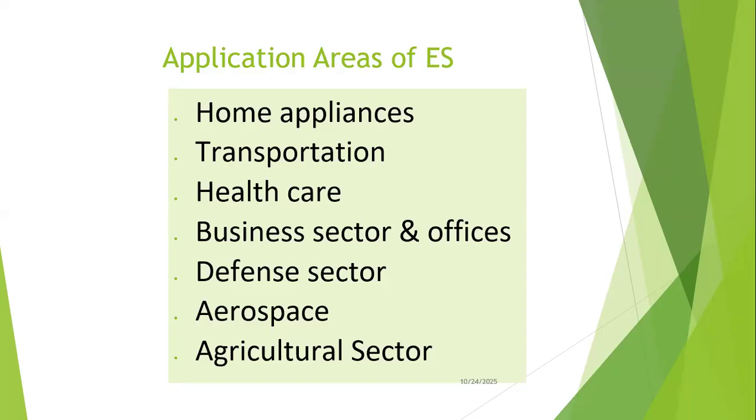Then, if you look at the area of transportation, the impact or application of expert system cannot be overemphasized. Take, for example, if you are using your car, it has sensors.